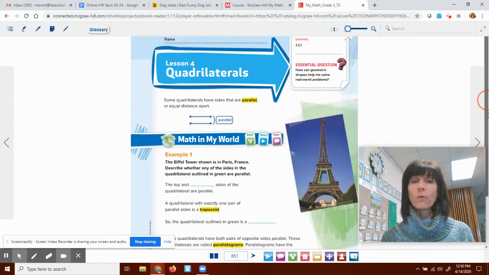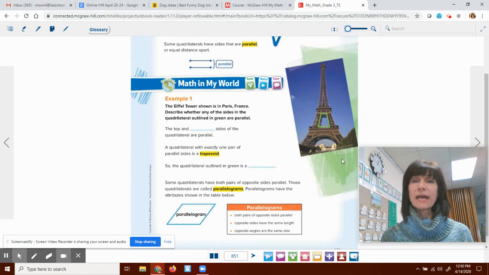Our example 1 on this page is the Eiffel Tower. It says the Eiffel Tower shown is in Paris, France. Describe whether any of the sides in the quadrilateral outlined in green are parallel. If I take a look at what's outlined in green, it looks to me like a trapezoid.